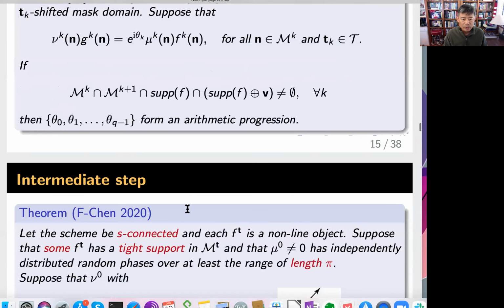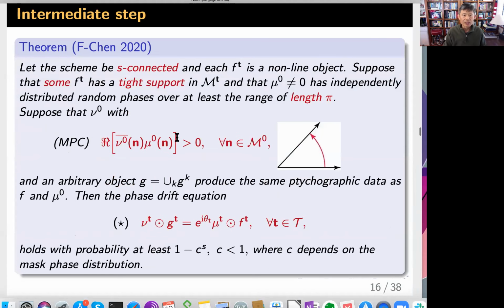So when can you have that? Well, you need a couple of conditions. First of all, you have to have a probe that has a tight support. Secondly, you have to have your initial guess of the mask lie within the acute angle of the original mask.